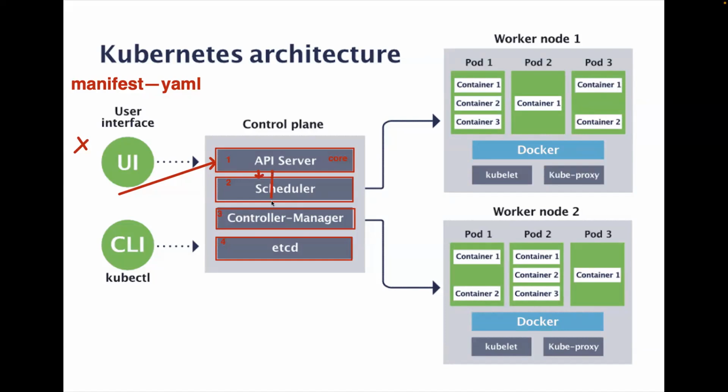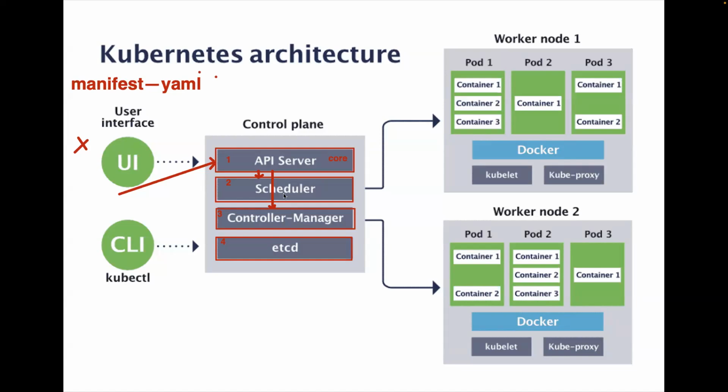It will also interact with the controller manager, and then schedule it on the worker nodes. Let's say your manifest file says 4 pods are needed. If the API server validates it, it will connect with the scheduler. The scheduler, as the name says, schedules the pods onto the worker nodes. It takes care of which pod should be started on which node at what time.